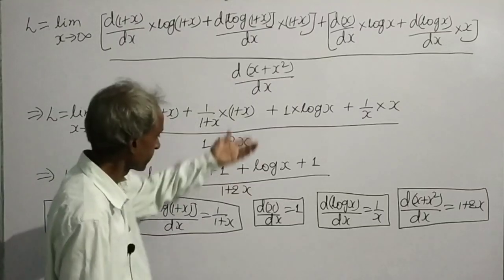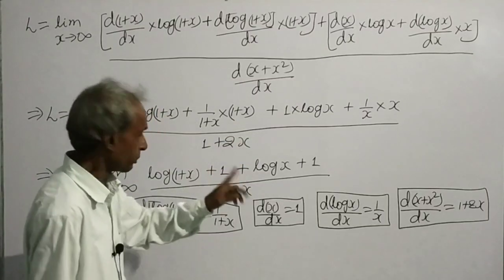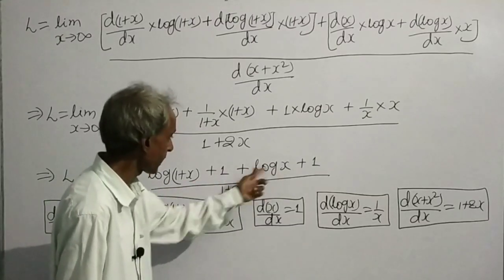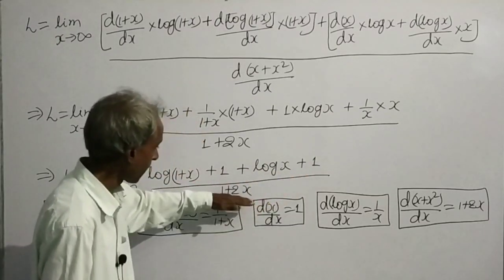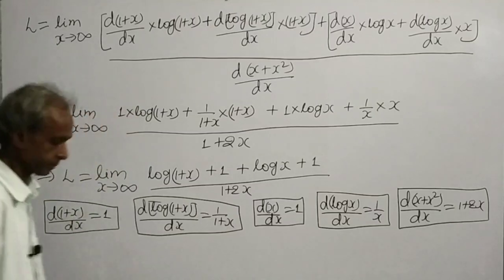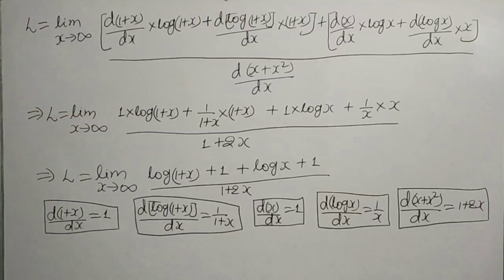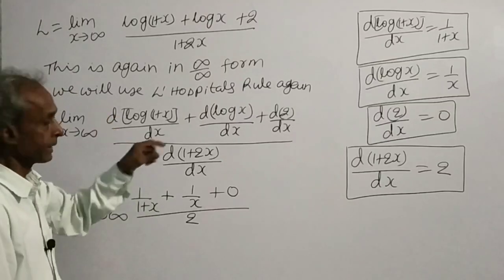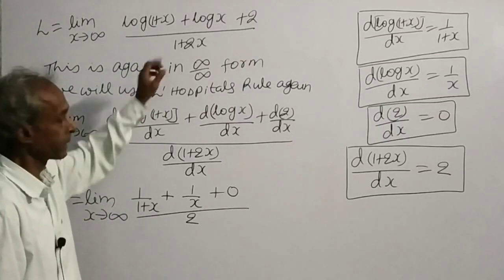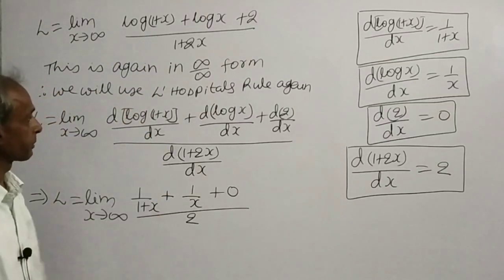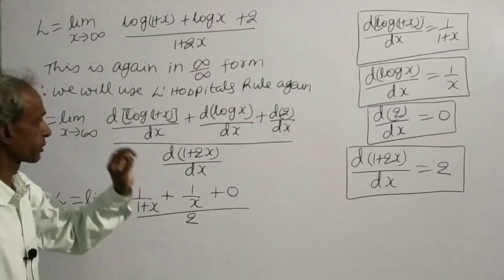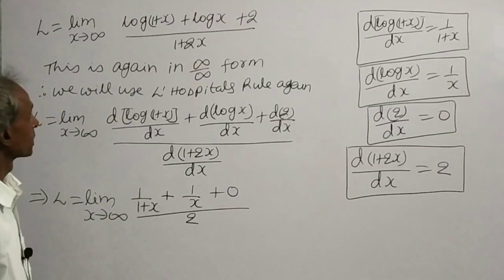Therefore, in the next step, we will write log 1 plus x plus log x plus 2 by 1 plus 2x. This is again in infinity by infinity indeterminate form. Therefore, we will use L'Hospital's rule again.